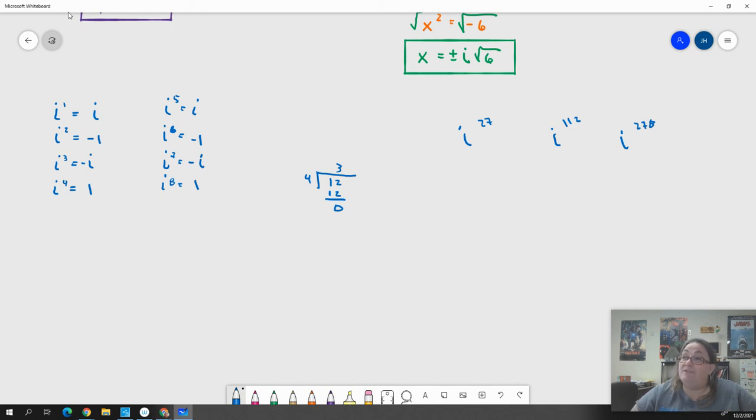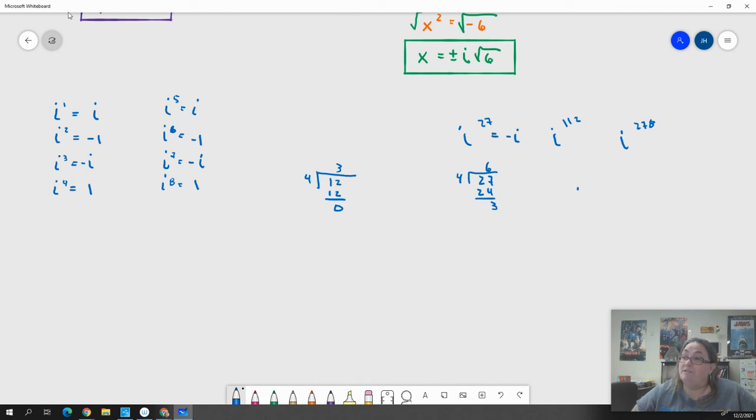So if we have i to the 27th power, we're going to take the power, 27, and divide it by 4, right? 4 goes into 27 6 times, which makes 24, and I have a remainder of 3. That remainder of 3 means that the solution to this one is negative i.